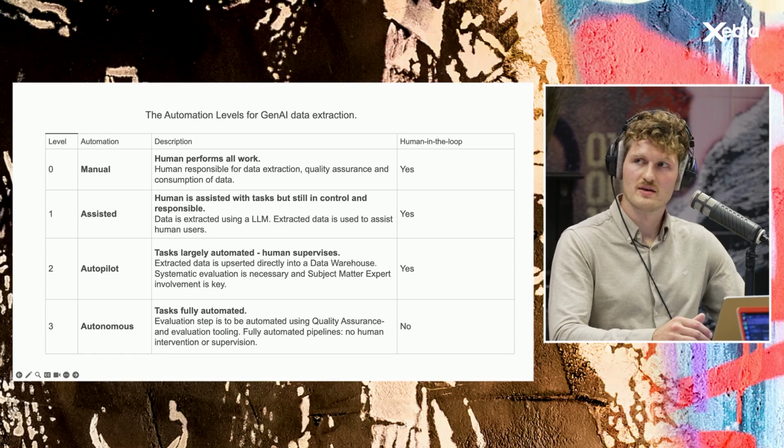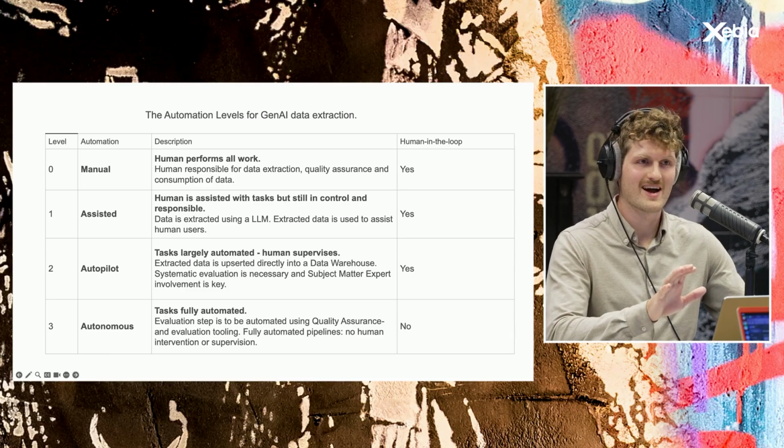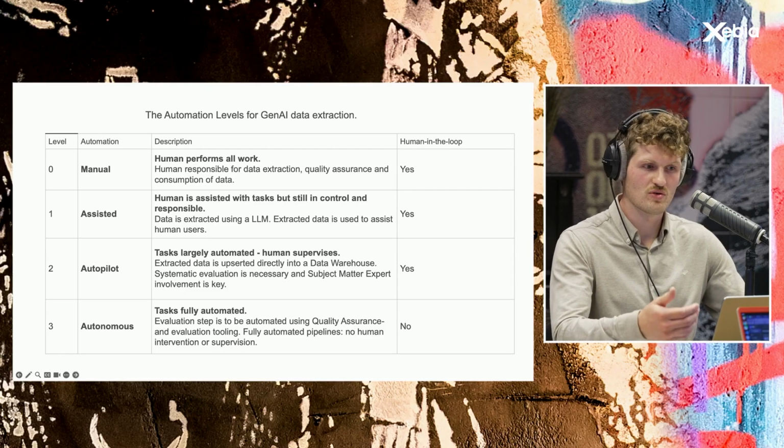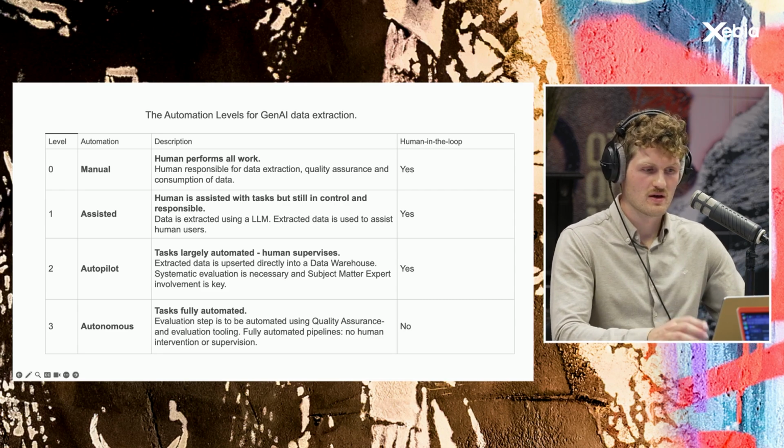Whereas autopilot, it's a bit the other way around, right? So the human is not assisted, but the human supervises. So the LLM has the main responsibility there, and the human only kind of guides the process, but still for sure supervises, like is still in control, right? So still human in the loop.